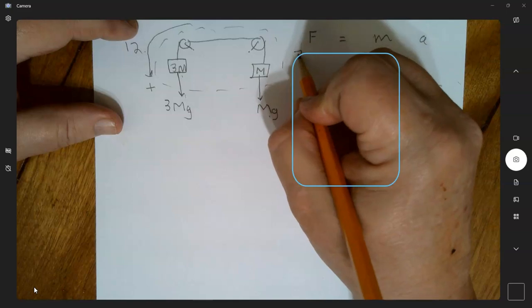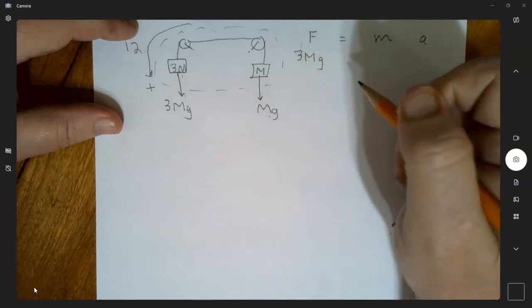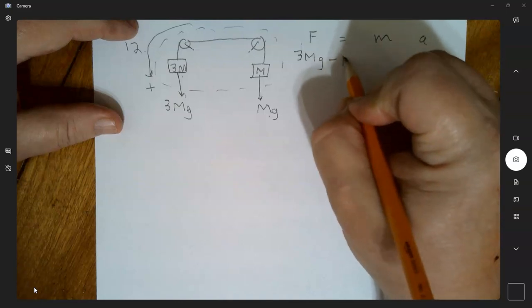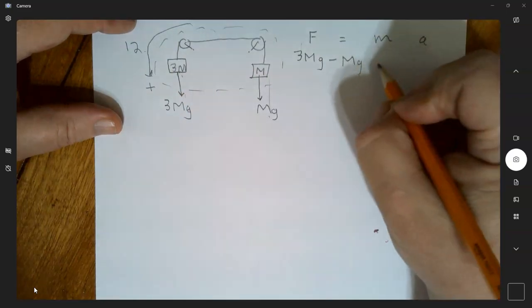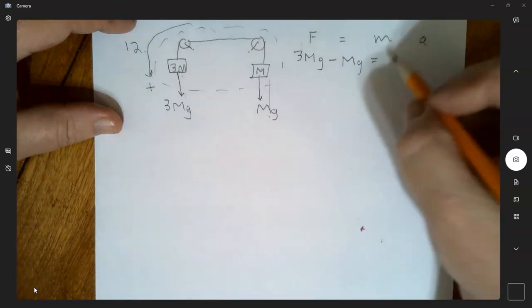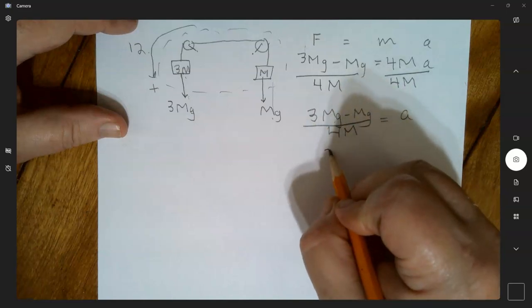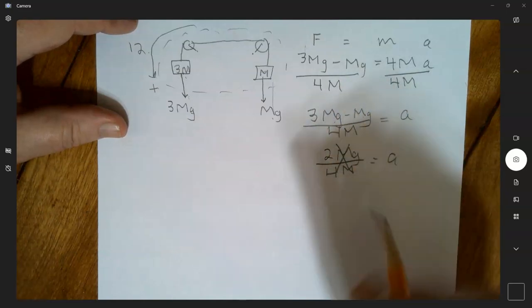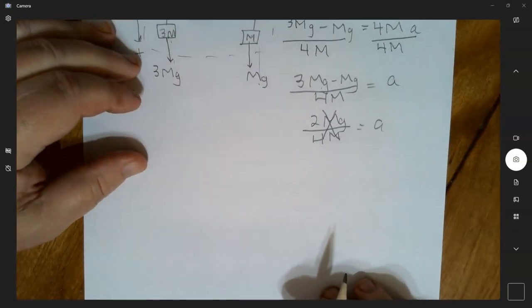So we're going to say 3mg is moving in the positive direction, minus mg, which is moving in the negative direction. It's pulling down against the positive direction. And the two masses together are 4m. Okay, 3mg minus 1mg is 2mg. The m's cancel out as usual. Mass has nothing to do with gravitational acceleration.